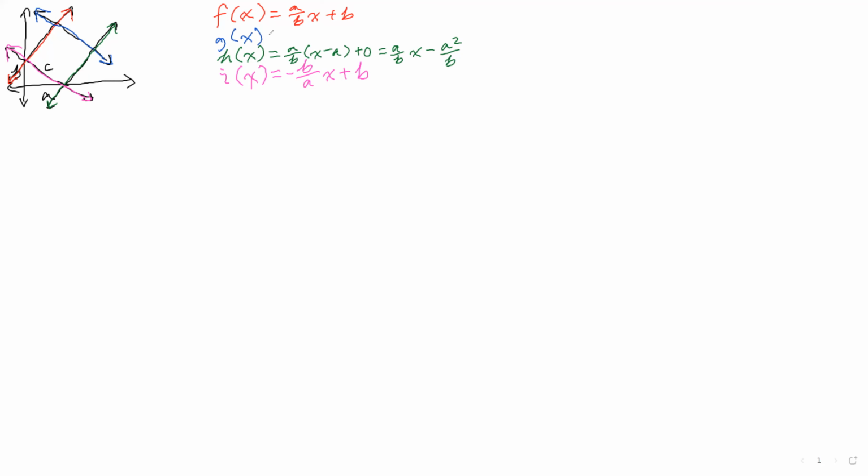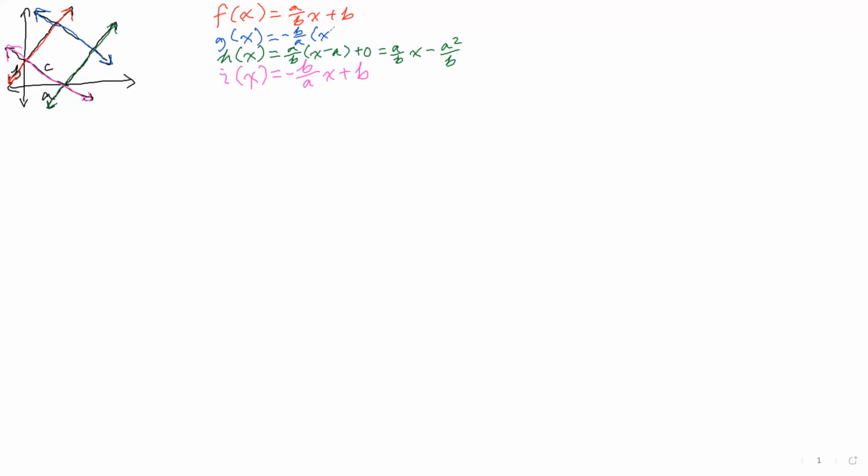And then g of x is parallel to i of x. So again, we can use point slope form. Negative b over a times. Now we need to find a point on here. And that becomes a little bit tricky.